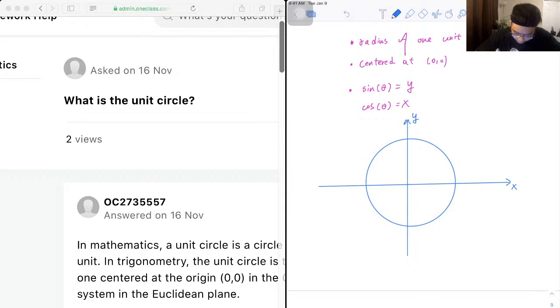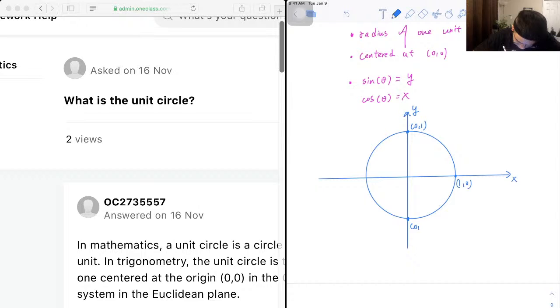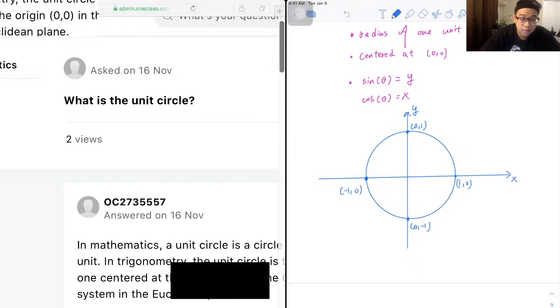We'll label that 1, 0, because its radius is 1, and that's 0, 1, that's 0, negative 1, oops. And that's negative 1, 0.